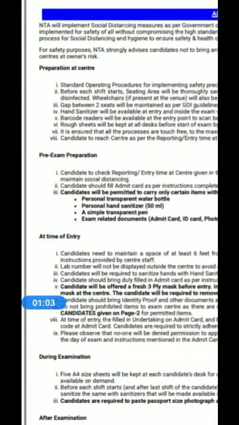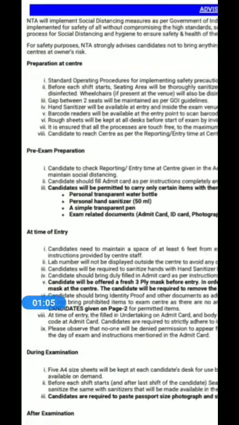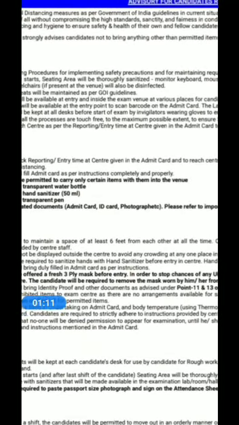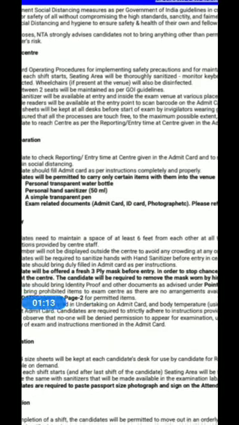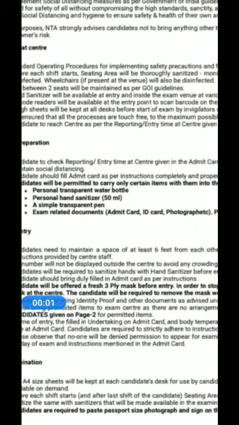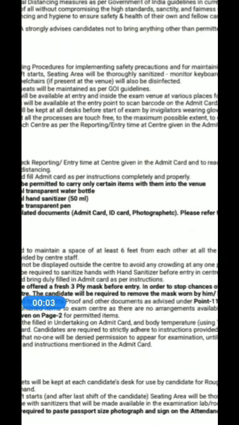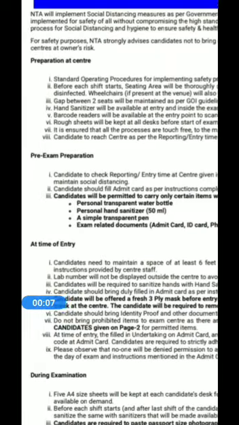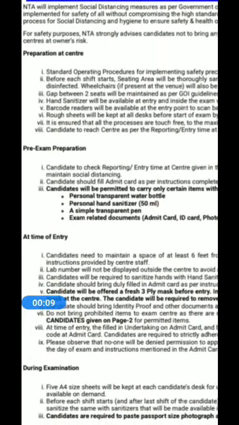I am repeating this again and again, guys. Do reach before time. Then the second point is the candidate should fill the admit card as per instructions completely and properly. The third point is candidates will be permitted to carry only certain items with them into the venue. This is the same point they have mentioned on page number 2 as well.